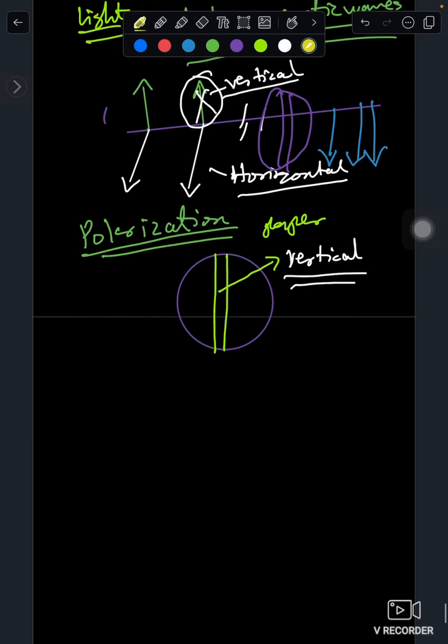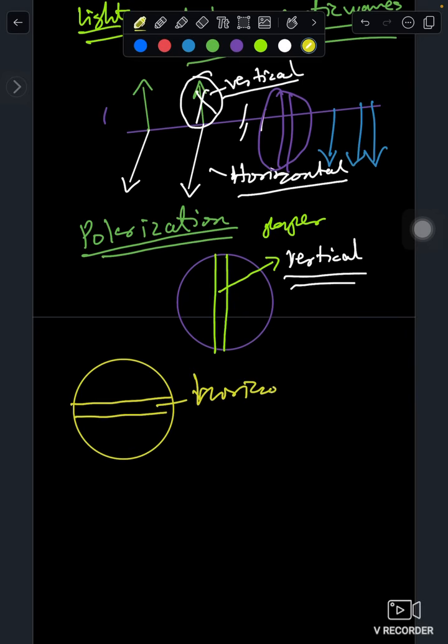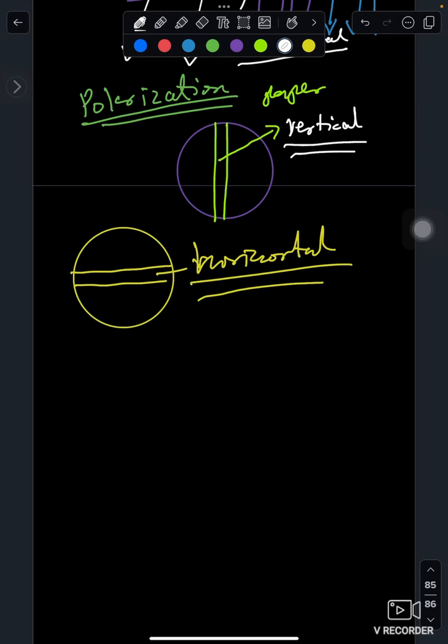Then there's one which is this. This will stop the horizontal part. Now what is light? Light is an electromagnetic wave, addition of electric and magnetic.